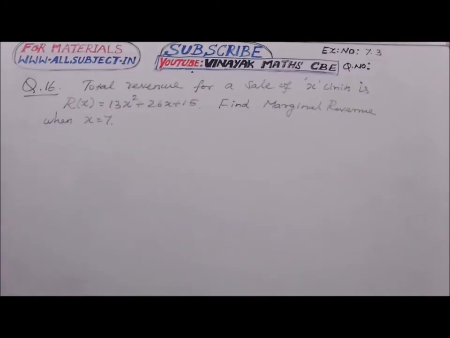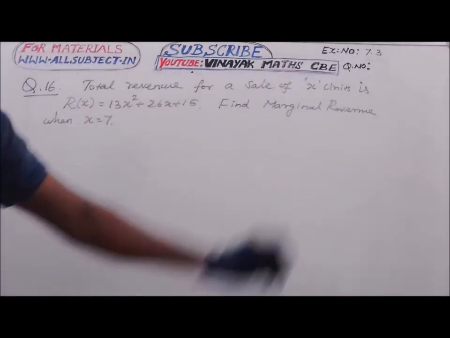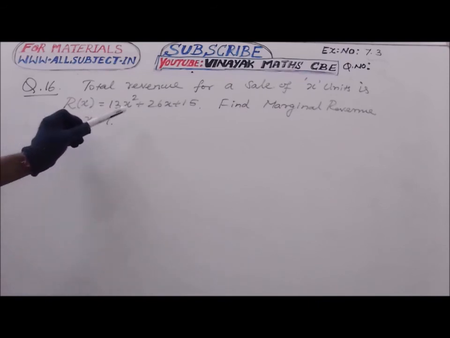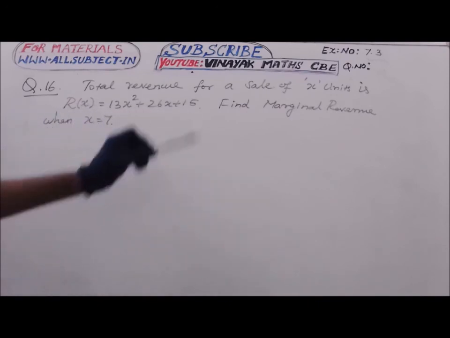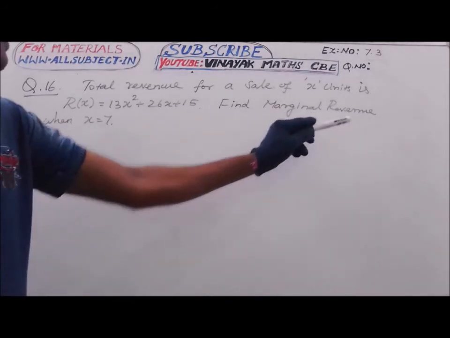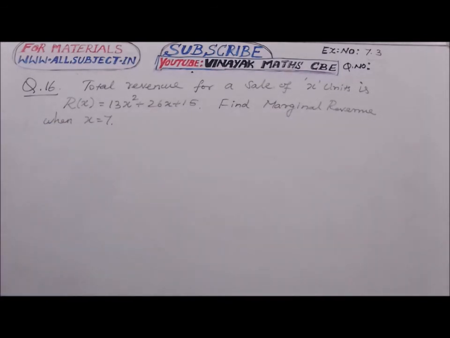Question number 16. The total revenue for a sale of x units is given by R of x is equal to 13x square plus 26x plus 15, and find the marginal revenue when x is equal to 7 units.